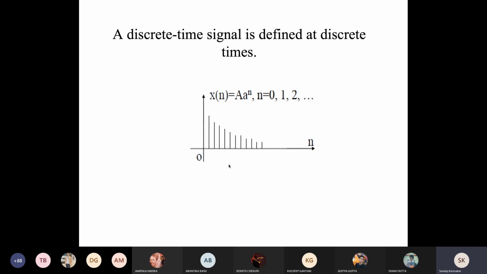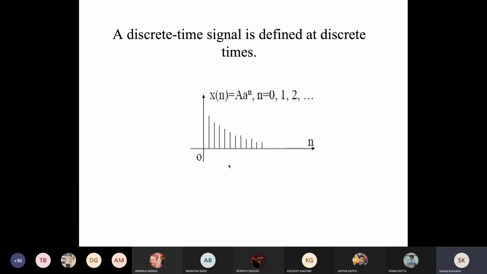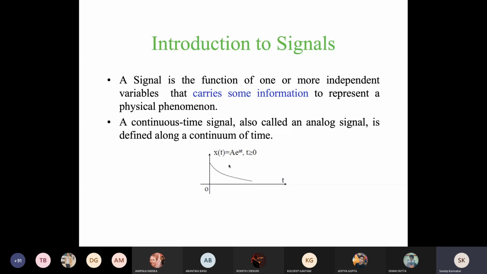So n equal to 0 will have some value, n equal to 1 will have some value. Contrast this with the previous figure. In the previous figure, it was continuous with time. In this figure, it is just discrete. That means it has values only for n equal to 0, 1, 2, and so on. But in the previous one, you have values for all t greater than or equal to 0.